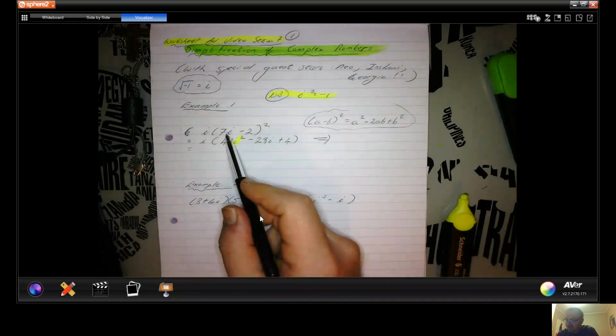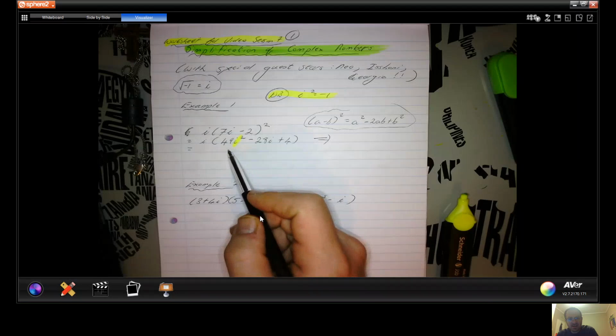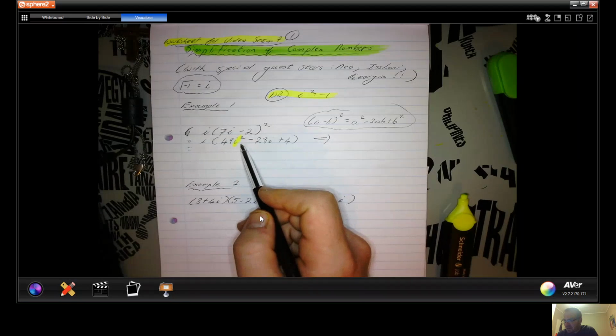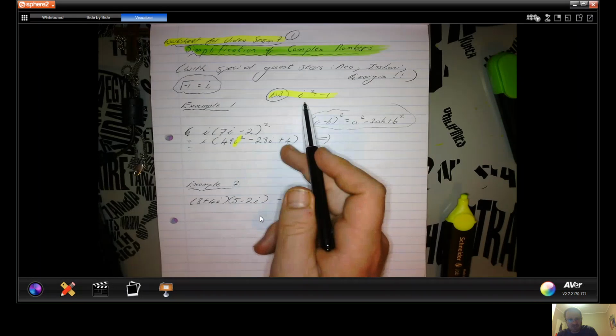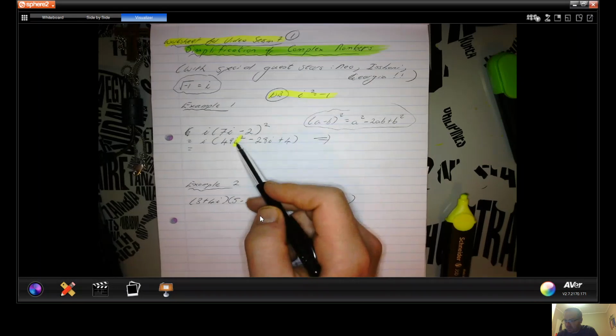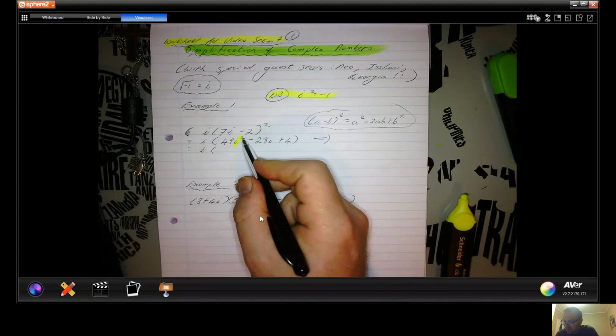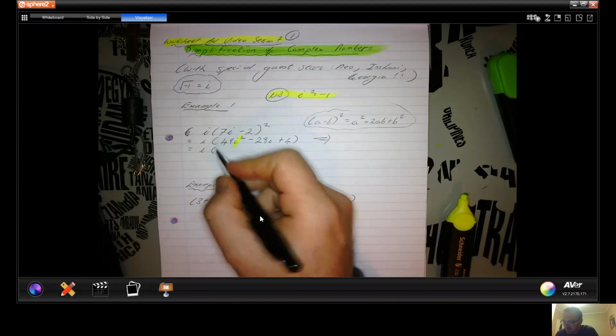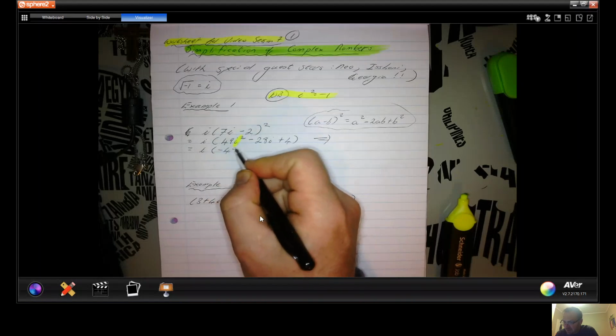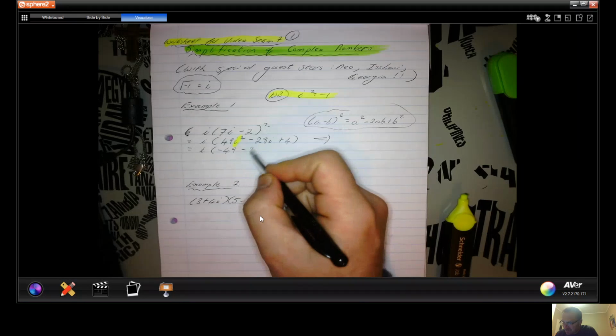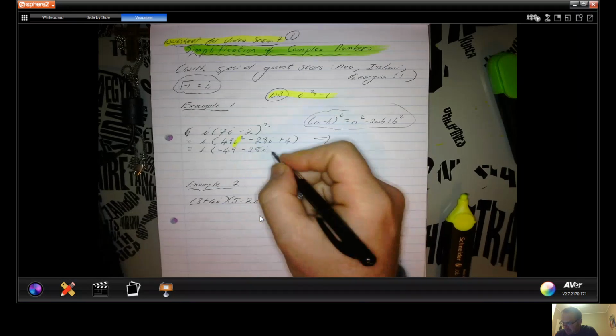With practice, you're just going to go 7i all squared is 49i squared, which is 49 times -1, which is -49. I'm just replacing i squared with -1. So this is one way you can do it: it's 49 times -1 is -49, minus 28i plus 4.